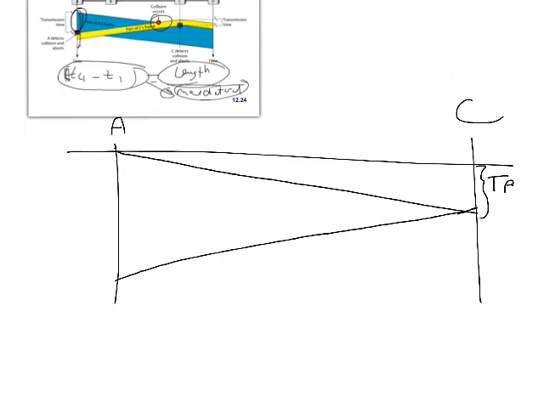The collision will happen very close to C. What is this time? That's T propagation. So this is one T propagation and this is another T propagation. So the collision happens almost at C, but A did not feel it until 2 propagation times.